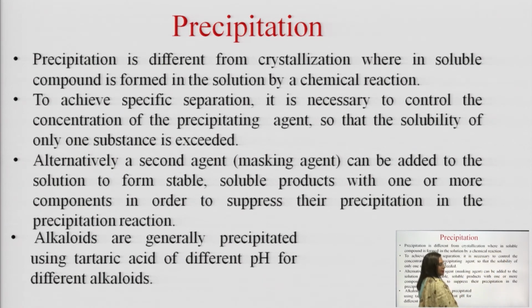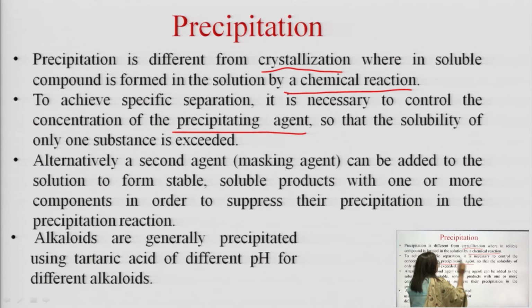The next method is precipitation. Precipitation is different from crystallization, where insoluble compounds are formed in the solution by a chemical reaction. To achieve specific separation, it is necessary to control the concentration of the precipitating agent so that the solubility of only one substance is exceeded.